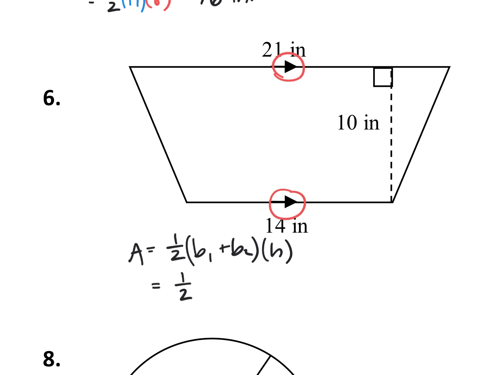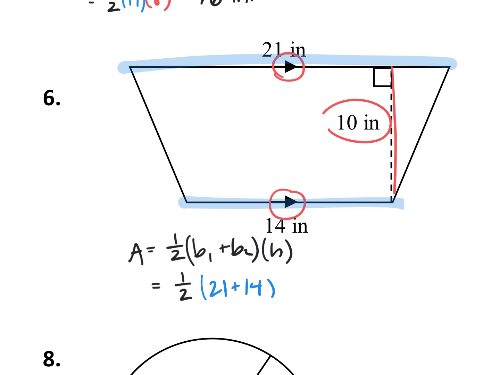So I've got 1/2. If I add my bases together, I've got this entire piece, which is 21, and this is 14. So 21 plus 14. And then my height is that vertical distance that is perpendicular, so times 10. And if we plug this into the calculator, we get 175 inches squared.